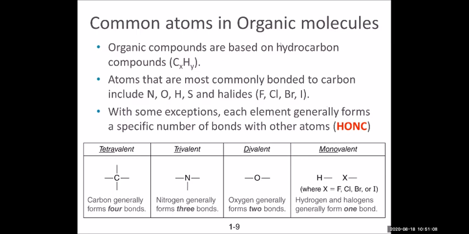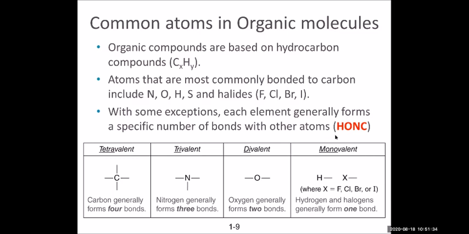In such hydrocarbons and others with other nonmetals, the bonding pattern follows a simple rule we call the HONC rule. The HONC rule means that these 4 nonmetals each typically follow a fairly permanent, fixed bonding pattern.